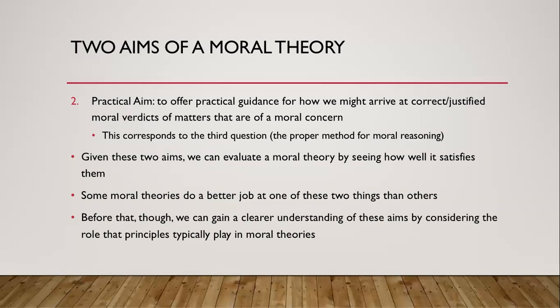Given these two aims, we can evaluate moral theories by seeing how well they satisfy them. In my opinion, some moral theories do a better job at one of these two things than others. Most contemporary moral philosophers are consequentialists, Kantians, or they do prima facie duties.